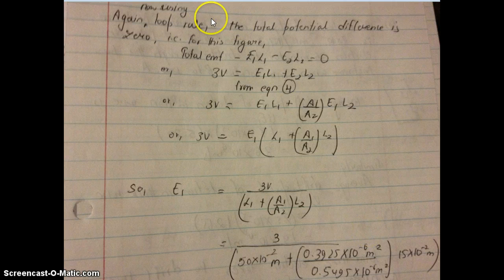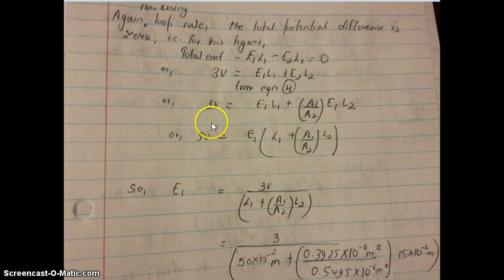Now we use the loop rule, which says the total potential difference is 0. That is, for this figure, total EMF minus E1 L1 minus E2 L2 equals 0. So we know the total EMF equals 3 volt equals E1 L1 plus E2 L2, and using the relationship from equation 4, we get E1 L1 plus A1 by A2 E1 L2.